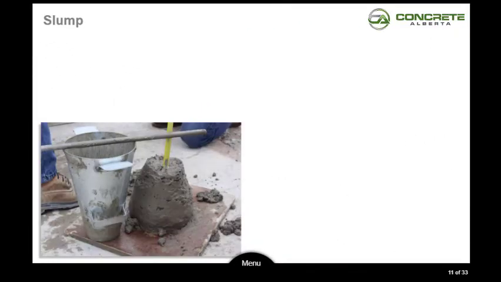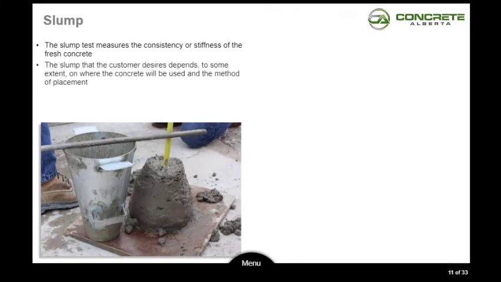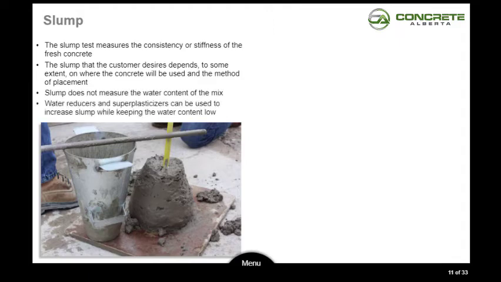Slump. The slump test measures the consistency or stiffness of the fresh concrete. The slump that the customer desires depends, to some extent, on where the concrete will be used and the method of placement. Slump does not measure the water content of the mix because water reducers and superplasticizers can be used to increase slump while keeping the water content low.